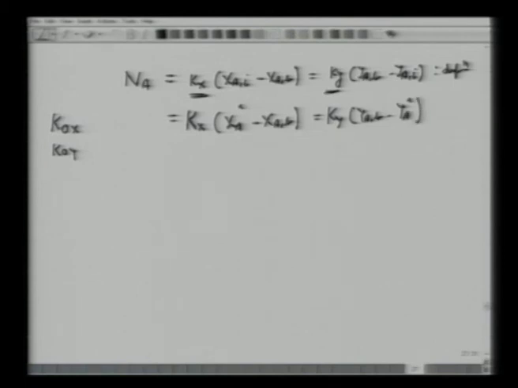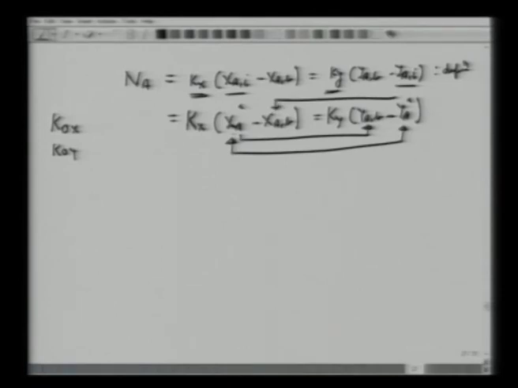So look at what we have done. We have avoided using interfacial concentrations. Instead of that, we are using two quantities, XA star and YA star. What is XA star? It's in equilibrium with YAB. What is YA star? It's in equilibrium with XAB. So these two are hypothetical.